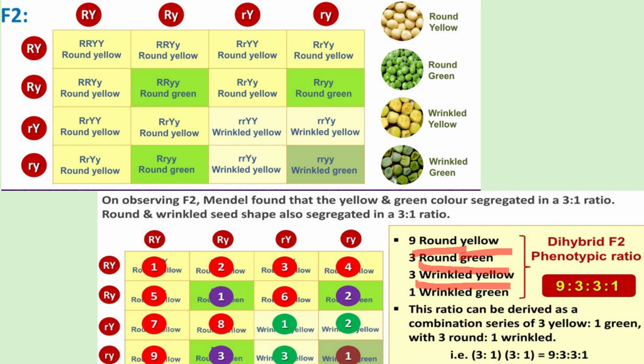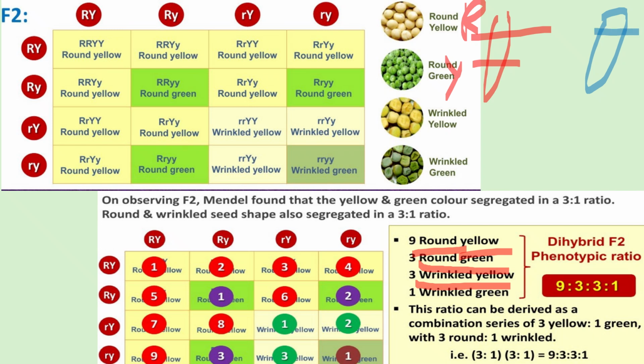What does that mean? Suppose there was a plant of pea, okay, in which round and wrinkled genes were together. This was round and this was round, and let's say the yellow gene was together. And in the other combination, the other parent, you saw wrinkled and yellow.